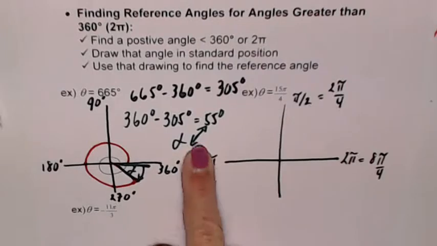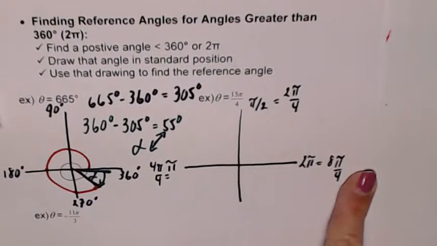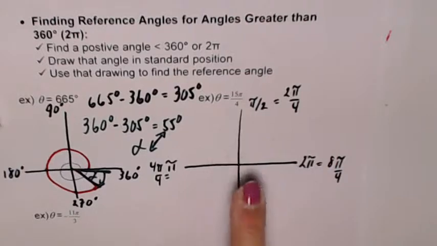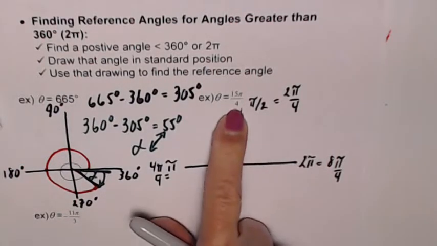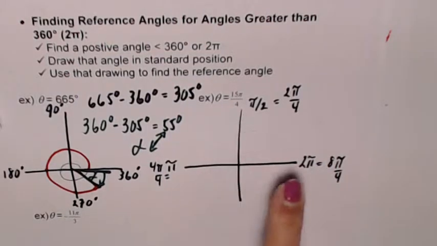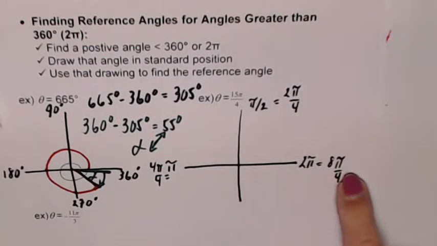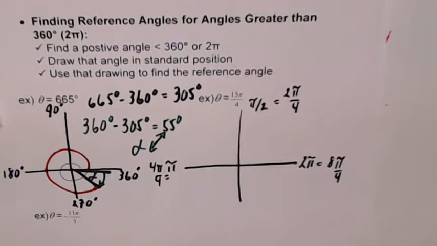Now let's consider finding a reference angle when we are given an angle of 15 pi over 4, which we know is bigger than a complete revolution. And knowing a complete revolution is 2 pi, since we're in the land of denominator 4, if we write our 2 pi in terms of a fraction with that denominator of 4, we see that a complete revolution of 2 pi would be 8 pi over 4.